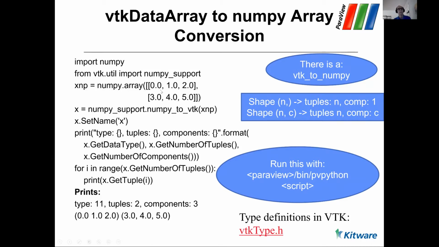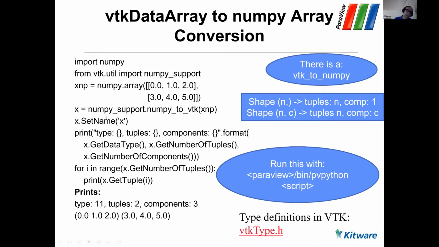So we create a Numpy array. And then we use this numpy_support.numpy_to_vtk to convert into a VTK array. And then we use the VTK API. So X is a VTK array.